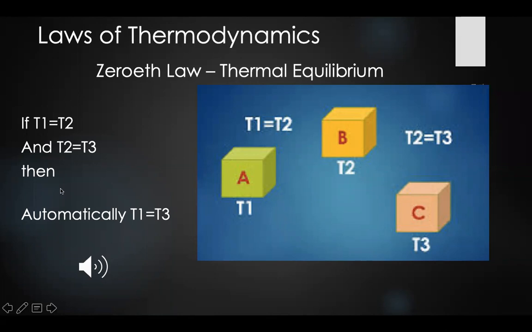In other words, if A and B are in thermal equilibrium with each other, and B and C are in thermal equilibrium with each other, then A is also in thermal equilibrium with C. This law explains that temperature always exists, and in thermal equilibrium, temperature of all the bodies remains the same.